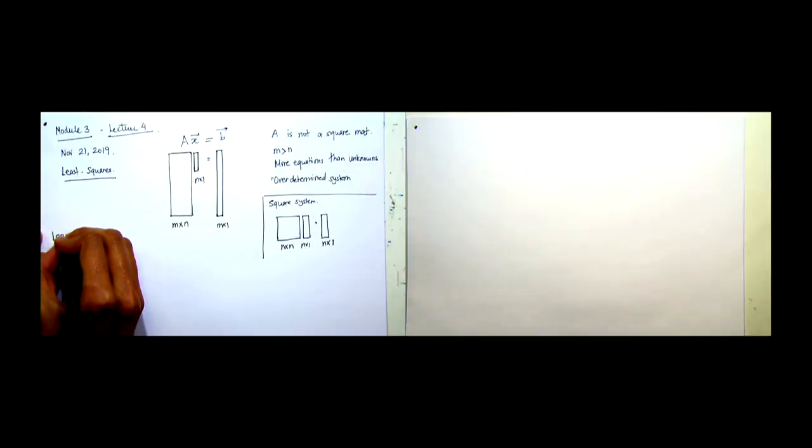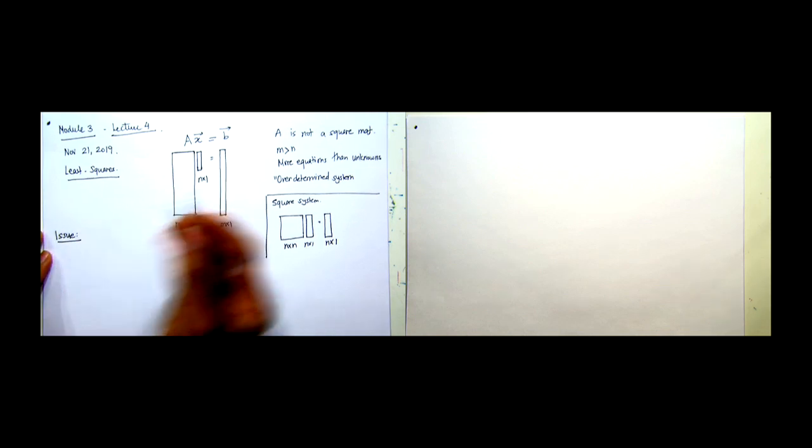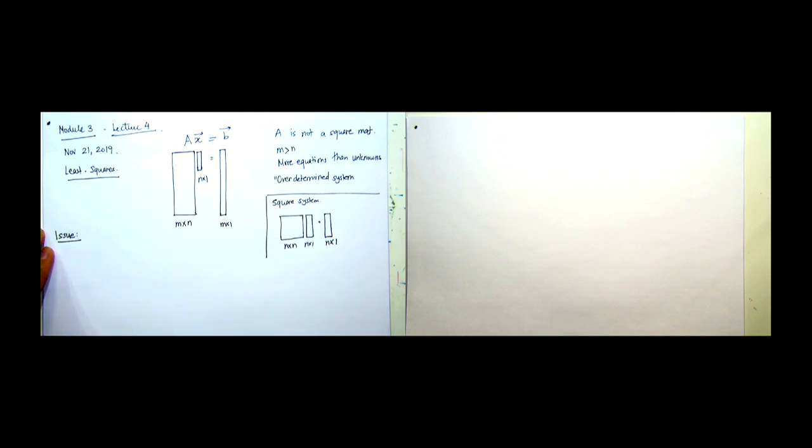So when we're looking at this kind of setup, what was the main issue we had when trying to solve this? AX equal to B, but A isn't square, so A has no inverse to be able to solve it the way we did in the square case, right?